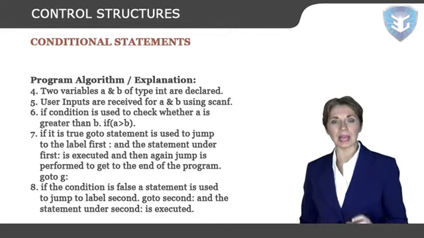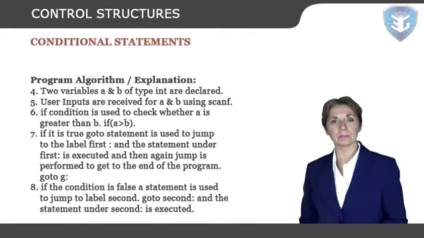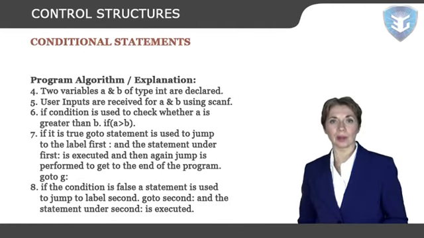Two variables A and B of type int are declared. User inputs are received for A and B using scanf. An if condition is used to check whether A is greater than B. If true, a goto statement is used to jump to the label first, and the statement under first is executed, and then again a jump is performed to get to the end of the program.